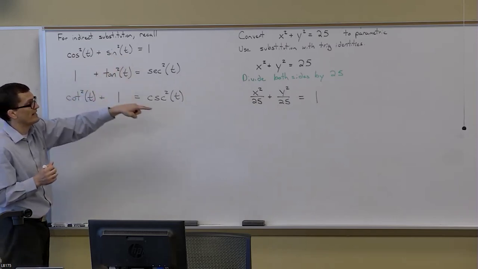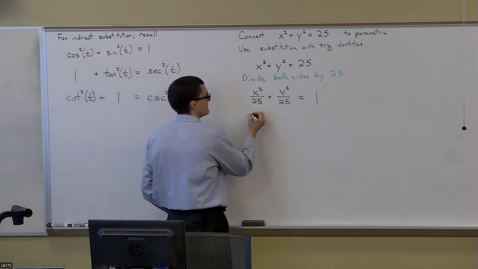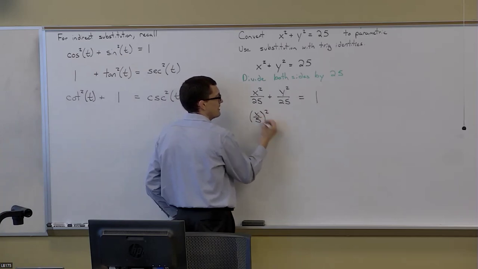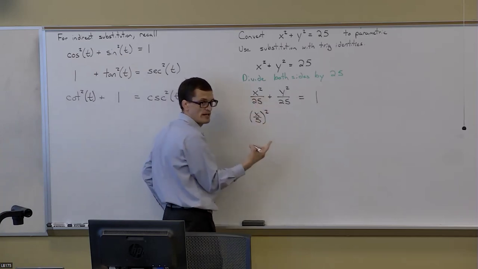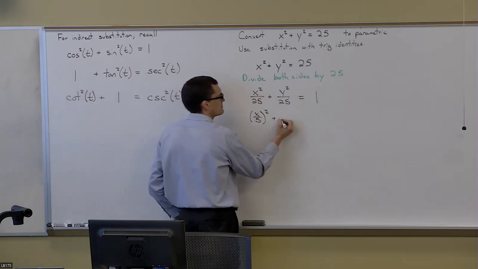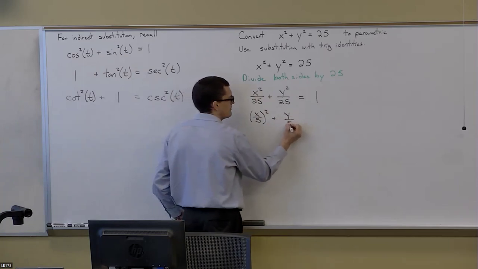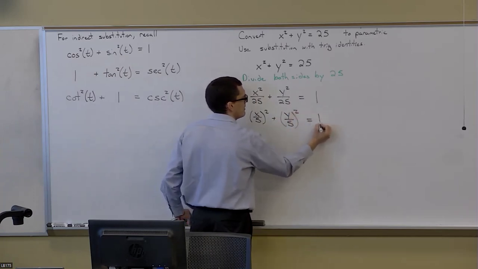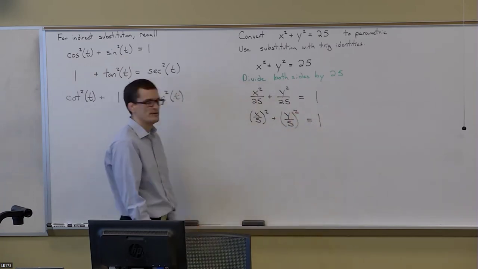I'm going to rewrite it that way. This is a single thing squared, x over 5 squared, plus the fraction y over 5 squared, set equal to 1.